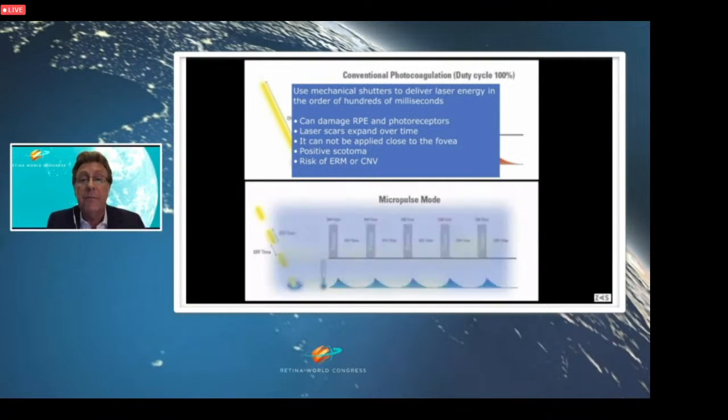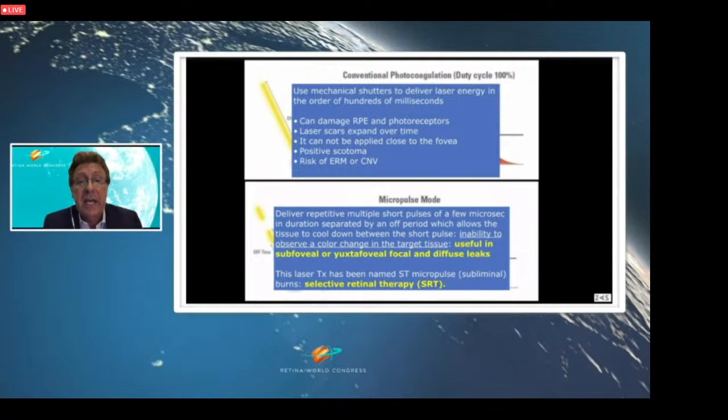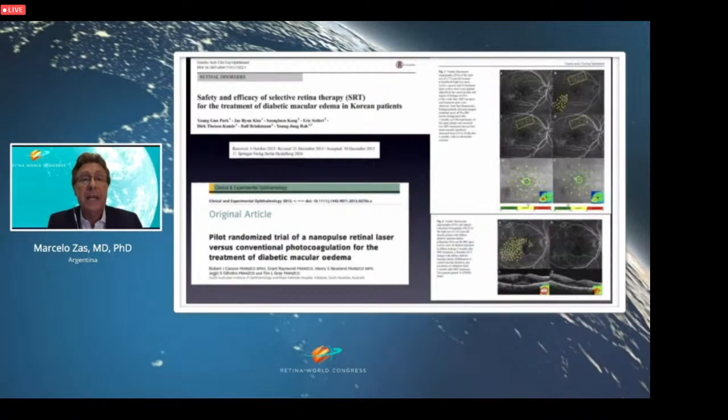Micropulse is a new technology that gives repetitive multiple short pulses of a few microseconds in duration. It has no visible color change in the target tissue and is useful in subfoveal focal or diffuse leaks. This is now called, in 2020, selective retinal therapy. This selective retinal therapy has a lot of publications, one from Korea and a second from Australia.